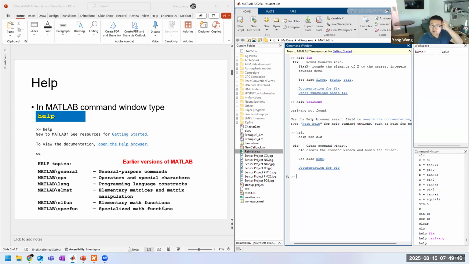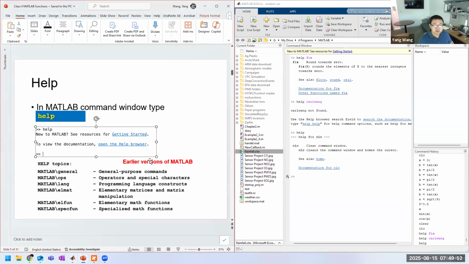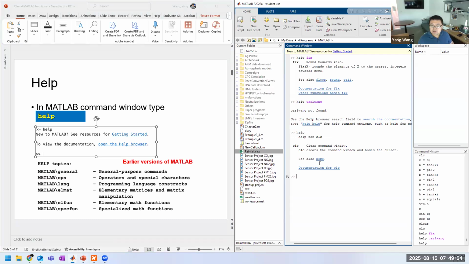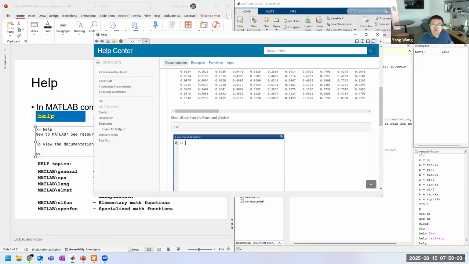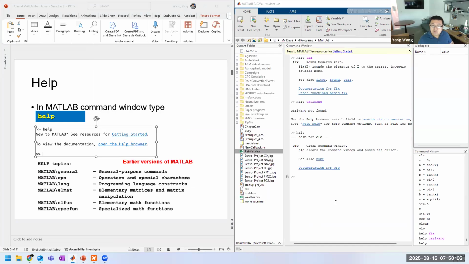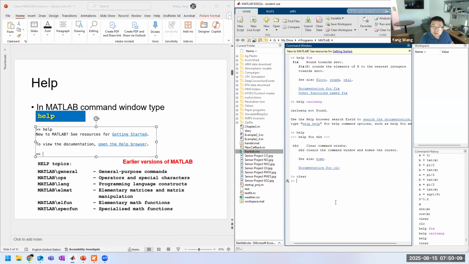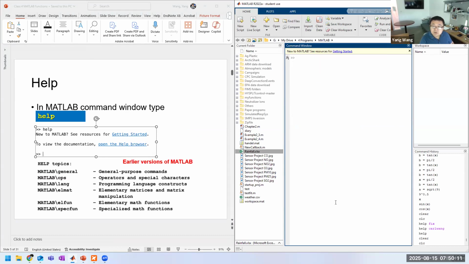But I think for the more recent versions of MATLAB, you're going to see the message here, which is the one that I copied here. So you can just click this hyperlink here, then it's going to give you the help. Let me see. Clear, clc.